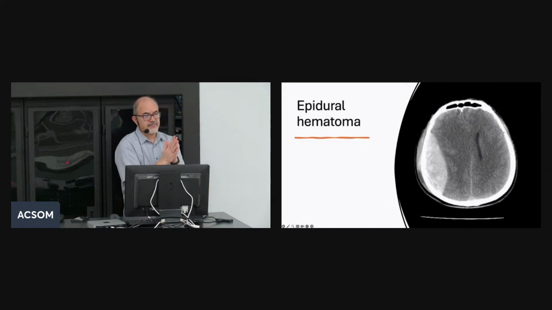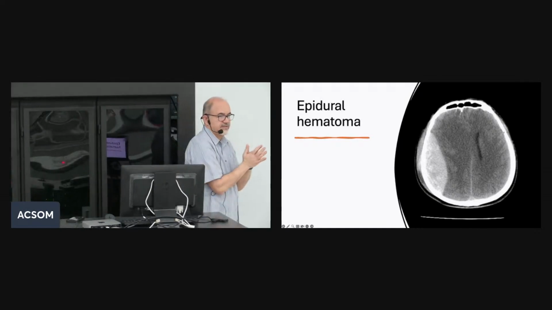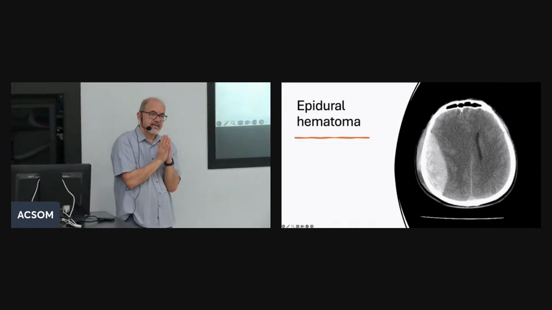Epidural hematoma happens in that tight space. Remember, I told you the dura is stuck to the skull, so it's a very tight space, but you have a lot of arteries in there, and it requires more force. When that force happens, the artery is damaged.